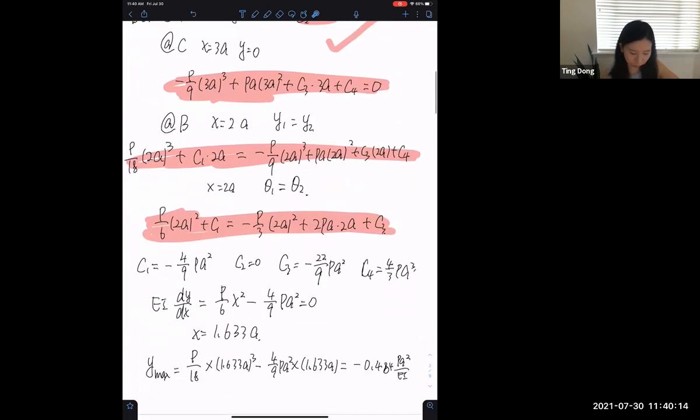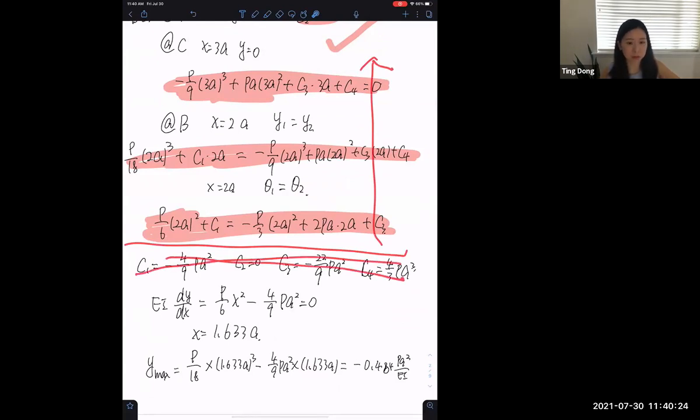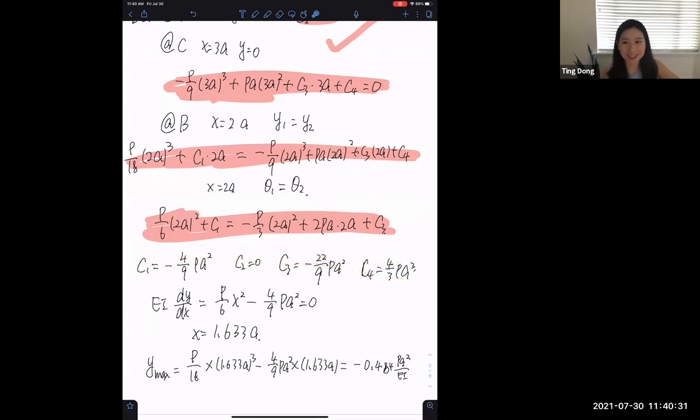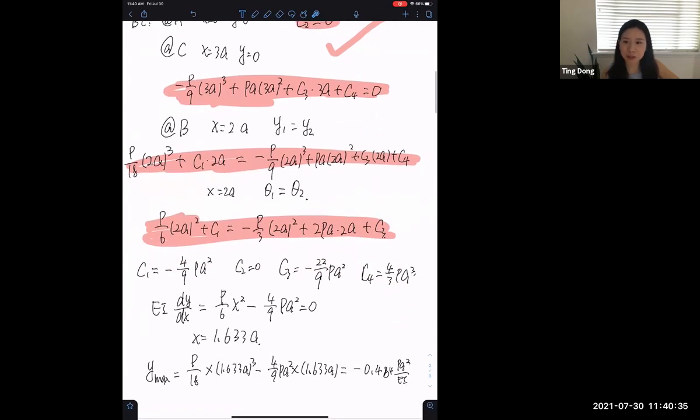During the exam, you need to do everything above here. You can skip calculation of C1, C2, C3, C4. This one takes a lot of time. It's doable, but it takes a lot of time. So this is how we deal with this type of question during the exam. Any question here?